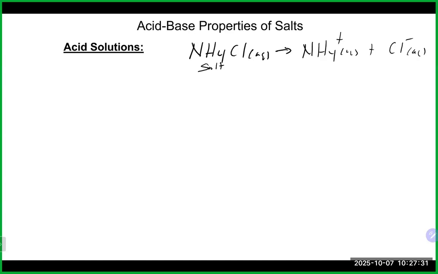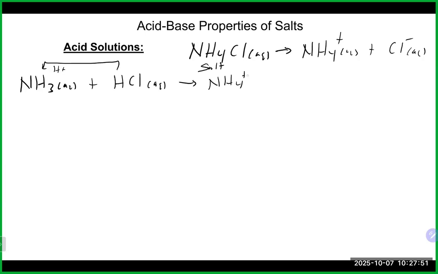In this particular case, NH4 plus looks very much like NH3, which is ammonia. And ammonia reacting with hydrochloric acid, for example, would get you the H plus heading that way, and that would produce your NH4 plus and your Cl minus, which is basically the salt that is produced in this case.